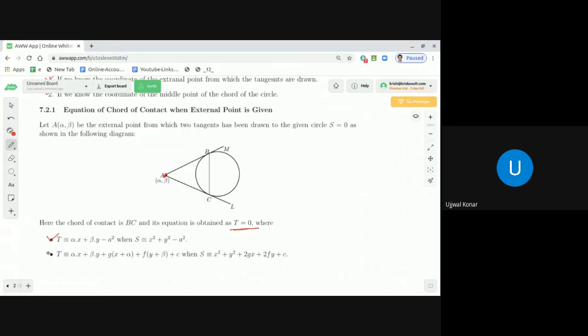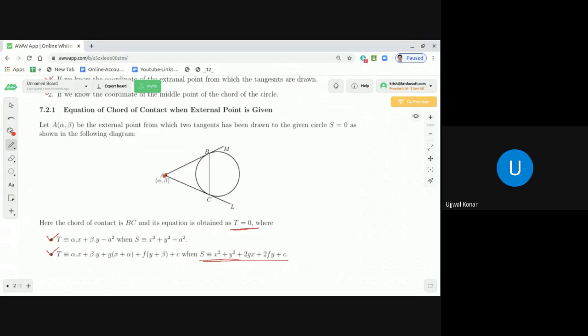The second one is that the equation of the chord of contact will be alpha into x plus beta into y plus g into (x plus alpha) plus f into (y plus beta) plus c, where this expression corresponds to the general equation of the circle. So what it says, dear students, is that it is as if you are finding the equation of the tangent to the circle at the point (alpha, beta), which is meaningless because (alpha, beta) is outside.